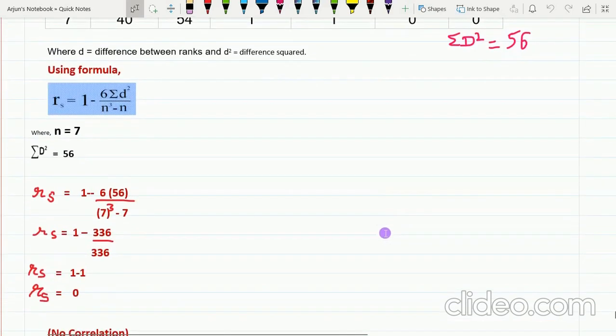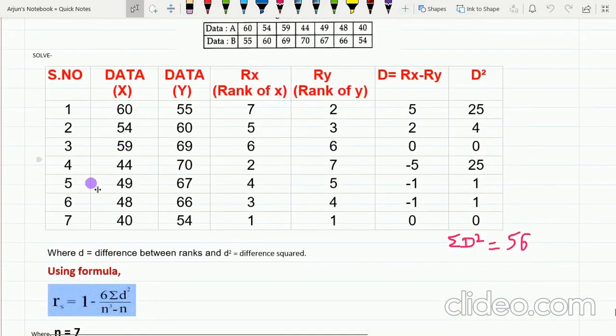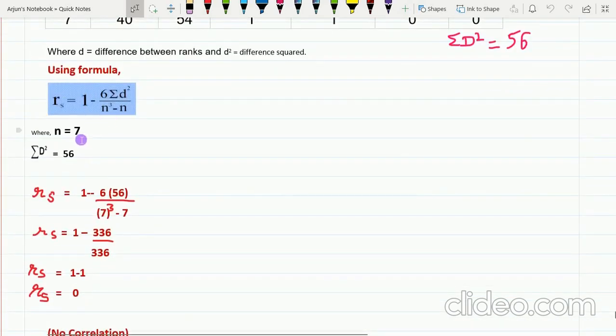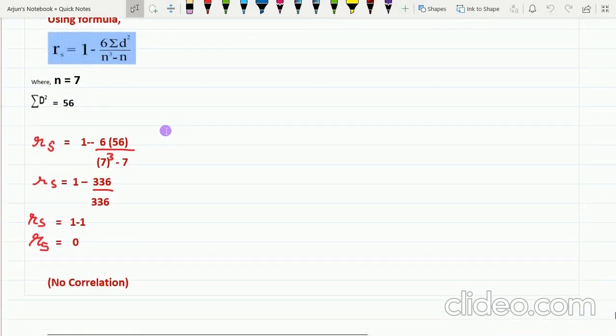After that, using the formula. The formula is Rs equal to 1 minus 6 sigma d square upon n cube minus n. What is n? It is the number of cases. The number of cases given to us was 7, and sigma d square we have calculated here, it is 56. Then we'll put the values.